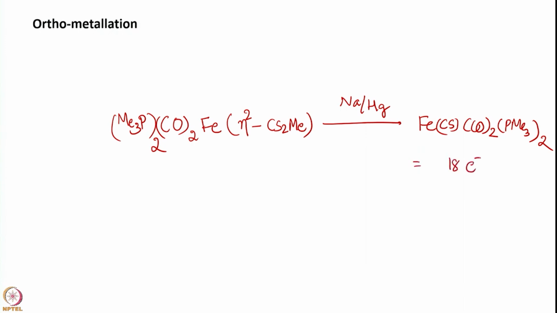So these are the few methods that one can conveniently use to make thiocarbon monoxide complexes. And as I mentioned again, thiocarbon monoxide is a relatively good sigma donor and a better pi acceptor compared to carbon monoxide. Before I go, I did mention about orthometallation.